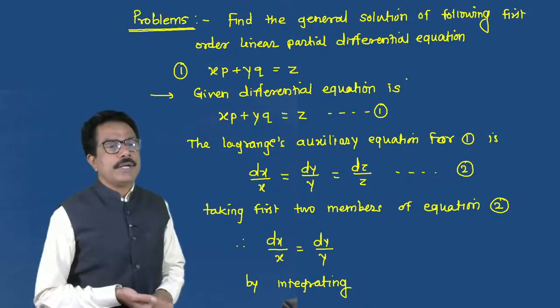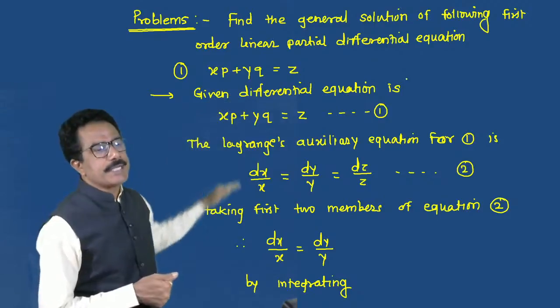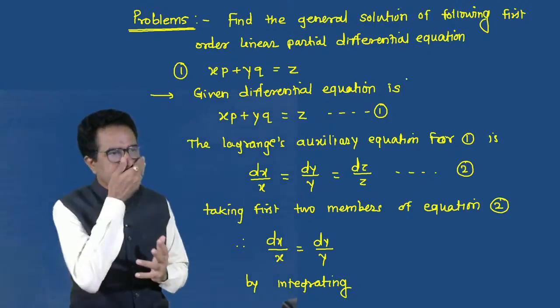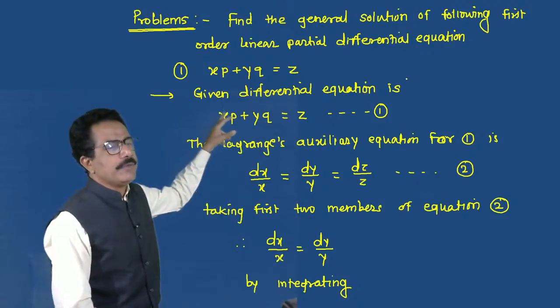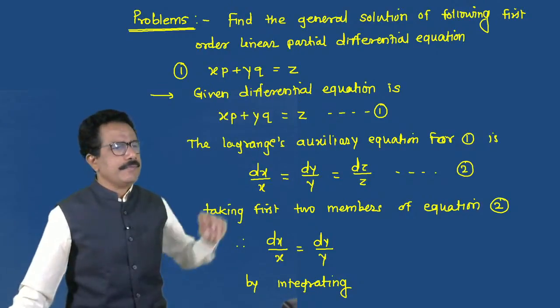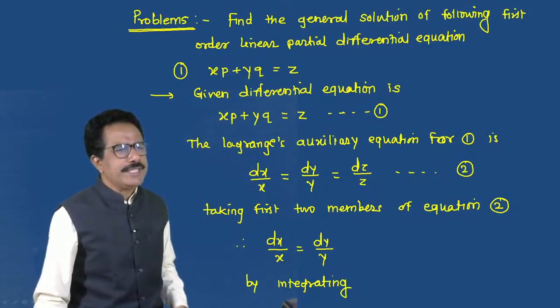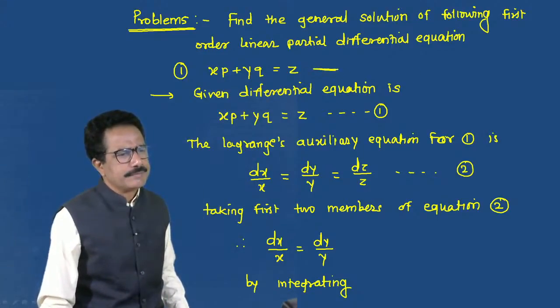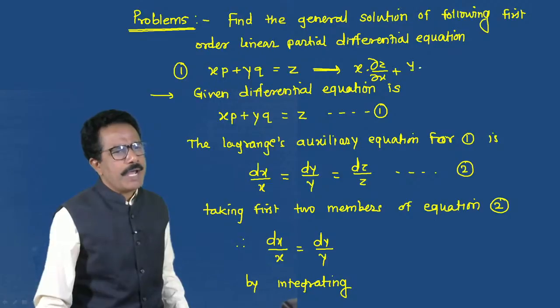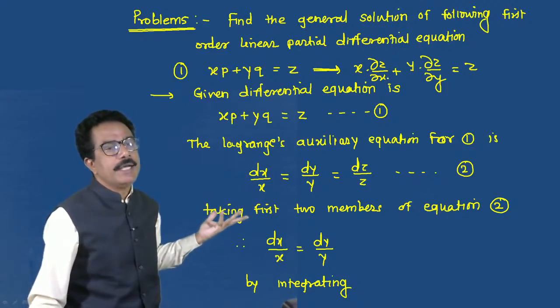Now we shall move towards finding the general solution of the following first order linear differential equation. Now we will solve problems based on this. The problems are very easy. The first problem: we have to solve this linear differential equation, x p + y q = z, that is x ∂z/∂x + y ∂z/∂y = z, a partial differential equation of linear and first order.